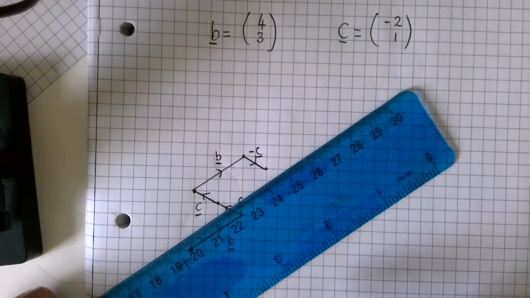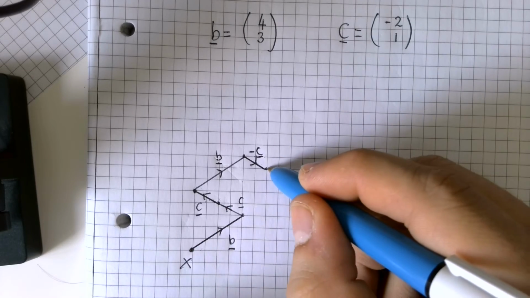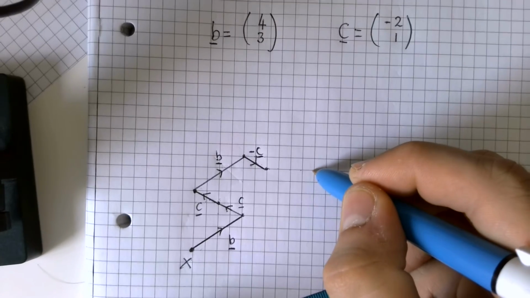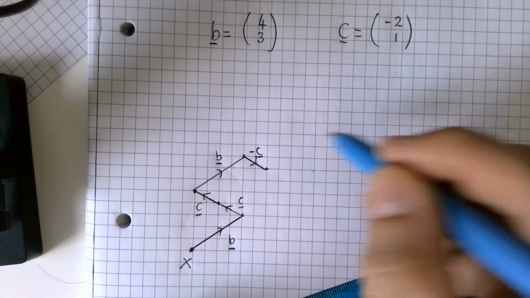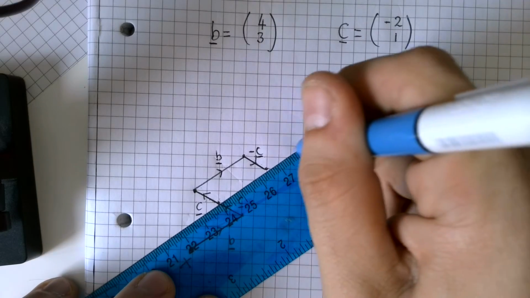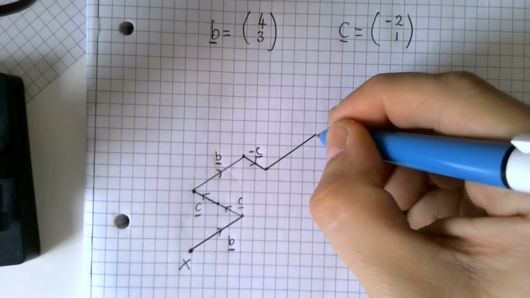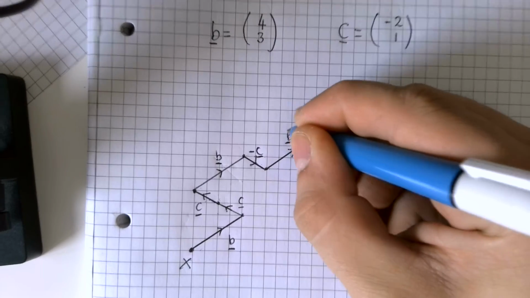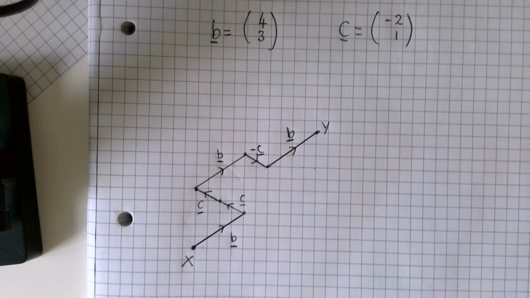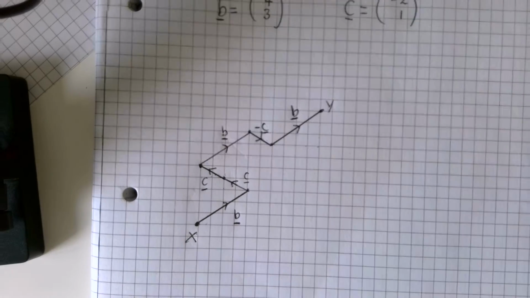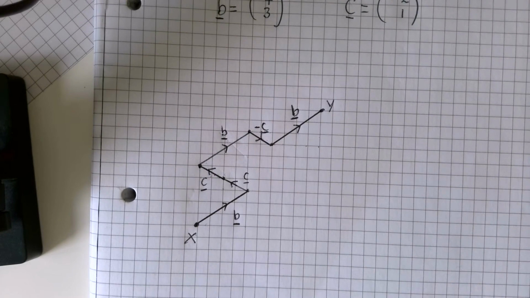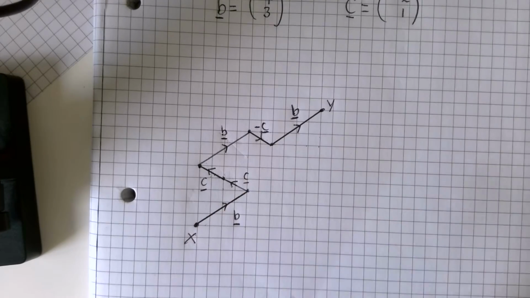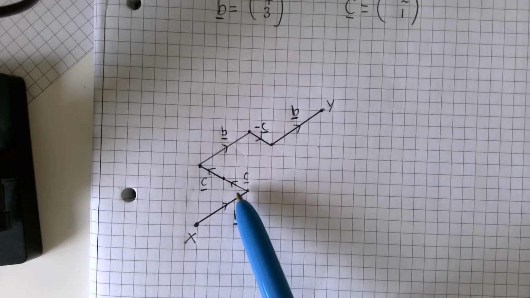And now I'm going to apply vector B again. So I'm going to go 1, 2, 3, 4 to the right and 1, 2, 3 up. And I'm just going to mark it on there. And I'm going to call my endpoint Y. So what a question might ask, obviously you wouldn't have to do all that yourself, that path would already have been drawn out for you.